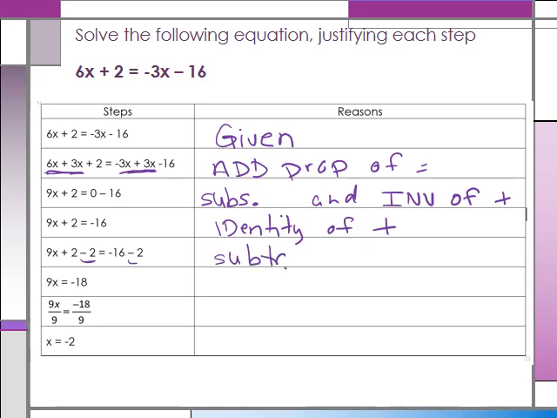Again, I'm okay with abbreviations of equality. We're subtracting the same thing from both sides. Again, now 2 minus 2, I didn't really say plus 0 there. I probably should have. But we're doing substitution.